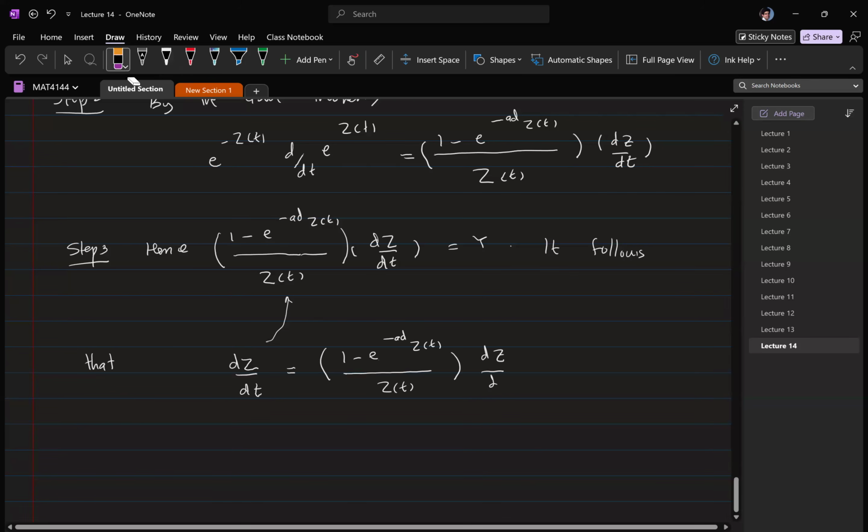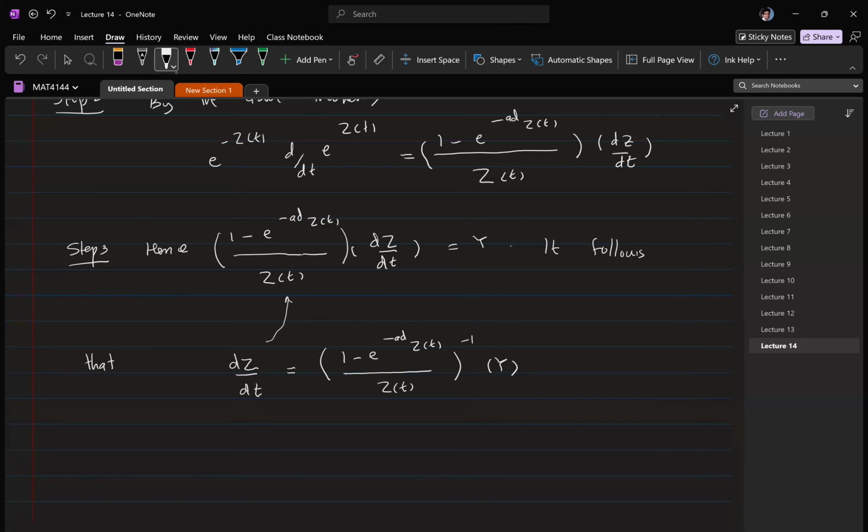I'm sorry, y. So there's an inverse and then y. This is like a linear transformation applied to some vector, right? I'm applying the inverse to both sides. So on the left-hand side, the dz dt survives, and on the right-hand side, I have to apply this series in zt to the vector y, which is a fixed vector, okay?